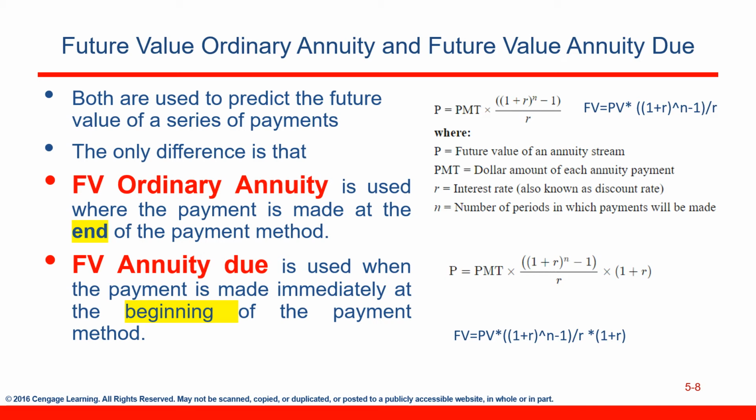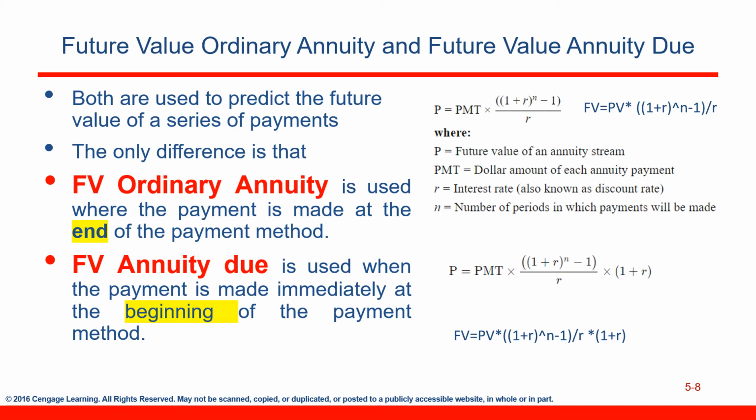The only difference is that the future value ordinary annuity is used where the payment is made at the end of the payment period, while the future value annuity due is used when the payment is made immediately at the beginning of the payment period. So, what does that mean? Remember the time series?